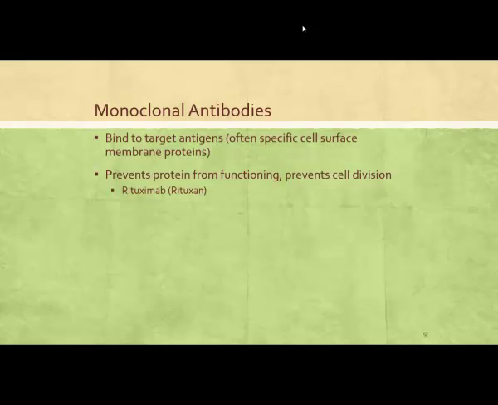So they bind to target antigens, which just means that those monoclonal antibodies help make tumor cells more sensitive to chemotherapy. They help increase the effectiveness of the immune system attacks on the cancer cells. And so they really work together to prevent proteins from functioning and preventing cellular division.